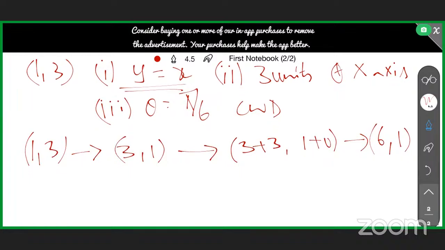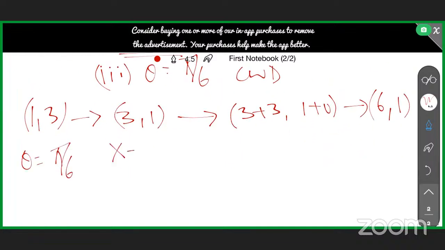Therefore, capital X is equal to small x cos theta plus small y sin theta. Capital Y is minus x sin theta plus y cos theta.